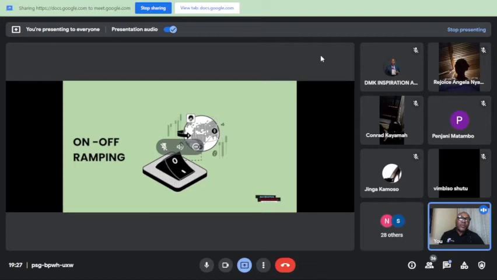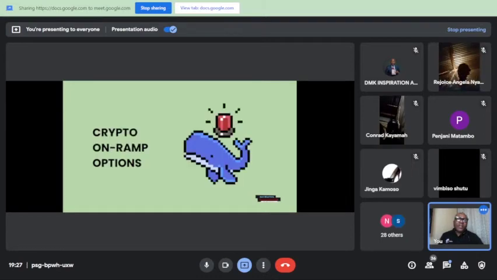So you need to understand which off-ramps are available to you. Now that we have established what on-ramping is, the process of leaving fiat and entering into a blockchain-based decentralized money system, let us look at some of the options that are available to us, right?